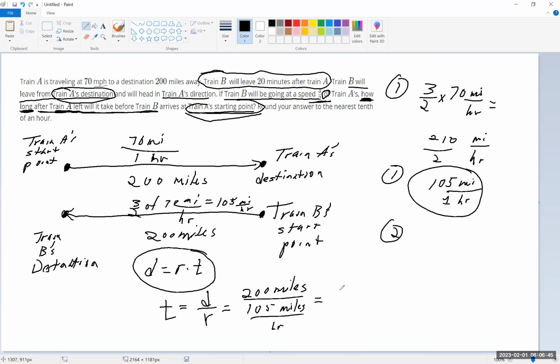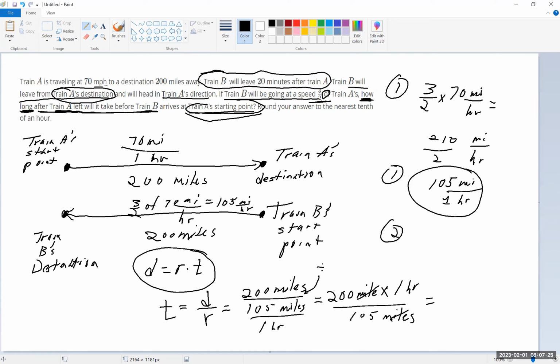If you remember how to work with fractions, you're going to realize that it's copy and multiply, because this is division, by the reciprocal, which is 1 hour over 105 miles. And the reason I do that is because you can see that the miles cancels out, and then 200 divided by 105 is, let me see if I can pull up my calculator.